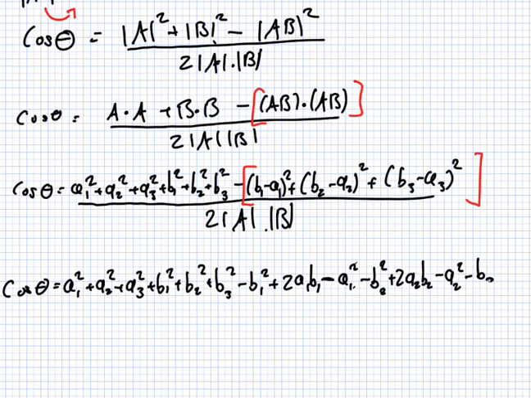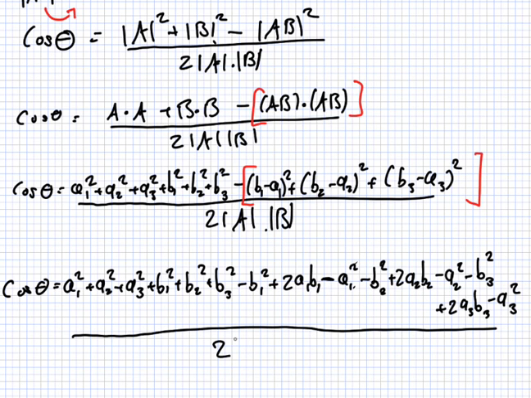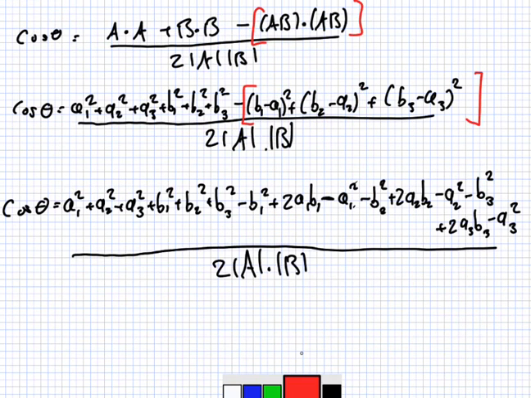Minus B3 squared plus 2A3B3 minus A3 squared all over 2 magnitude A times magnitude B. Now the great thing here is a lot of stuff cancels on the top.